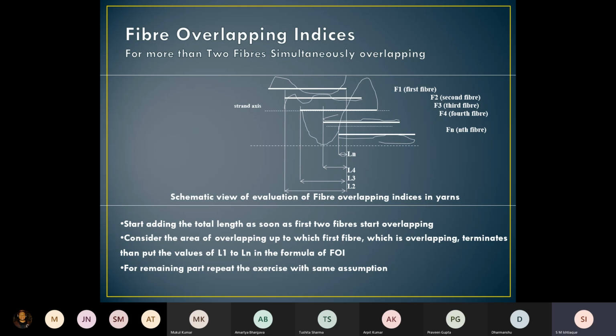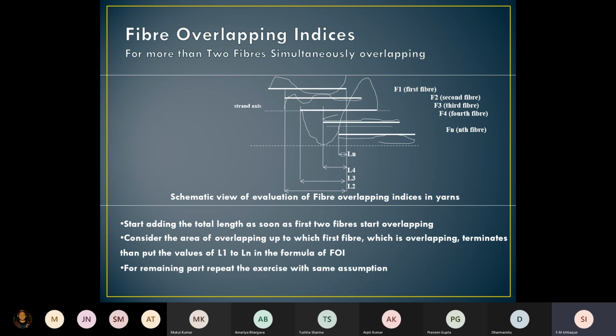This is my overall overlapping length. The same thing: start adding total length as soon as the first two fibers start overlapping. Then consider the area of overlapping up to which the first fiber overlaps and terminates. Then put the values of L1 to Ln in the formula that I will talk about.